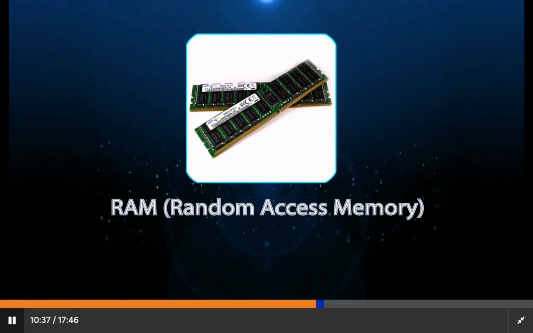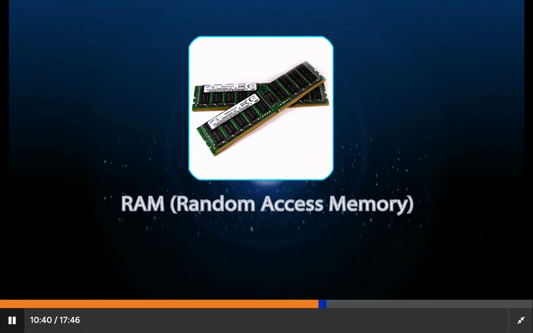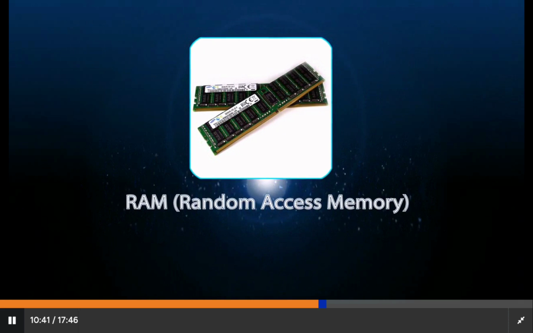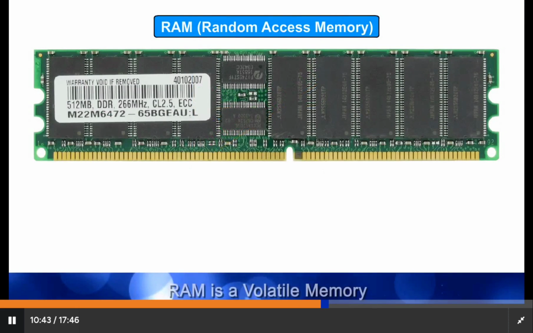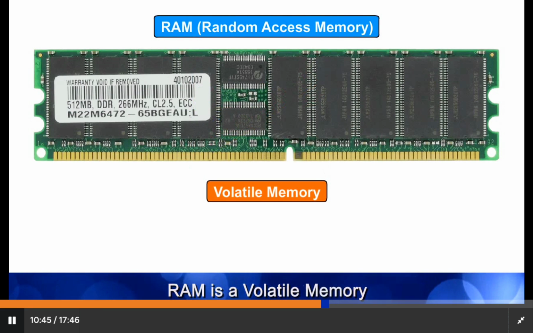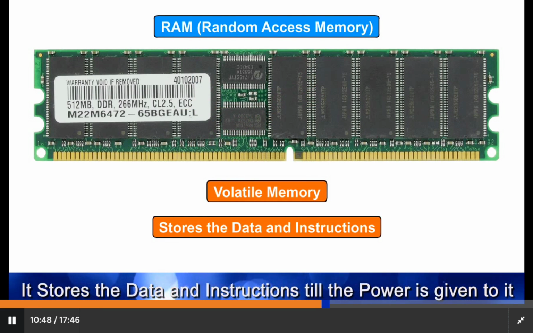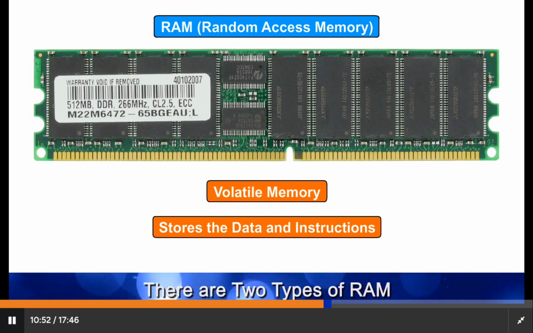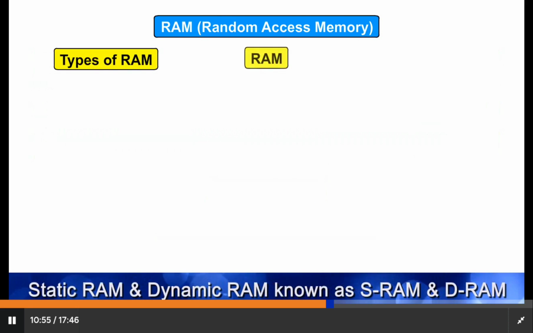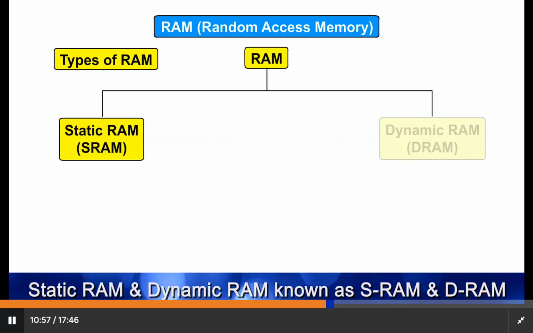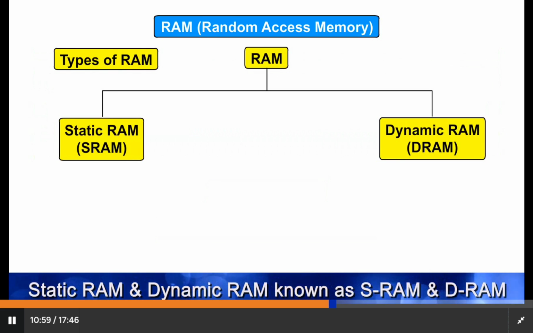RAM, Random Access Memory. RAM is a volatile memory. It stores the data and instructions till the power is given to it. There are two types of RAM, static RAM and dynamic RAM, also known as SRAM and DRAM.